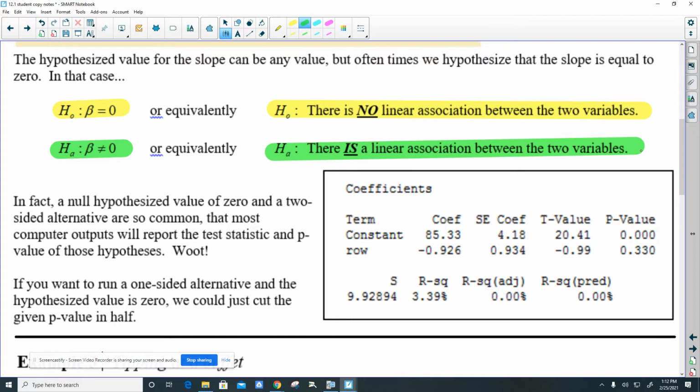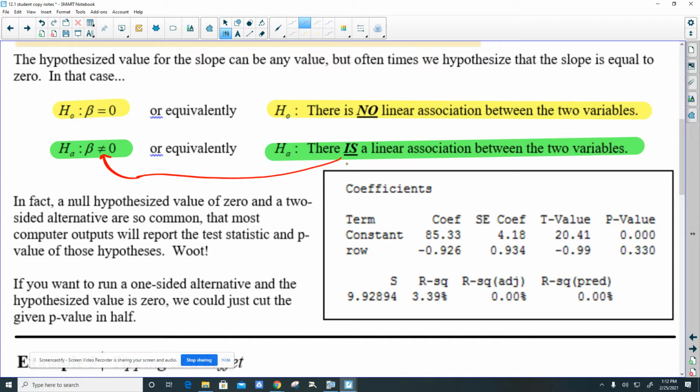Now, here's one thing worth noting. When you're given this computer output data, it is used so much using a does not equal to symbol here in your alternative hypothesis. So the does not equal to is just kind of a general way of saying that there is some type of relationship or association between the two variables.